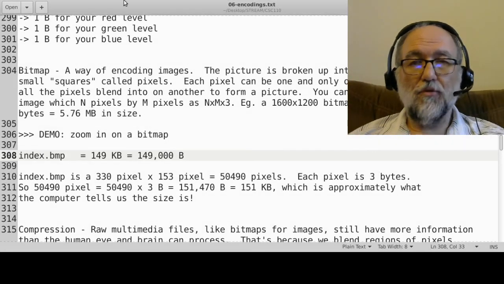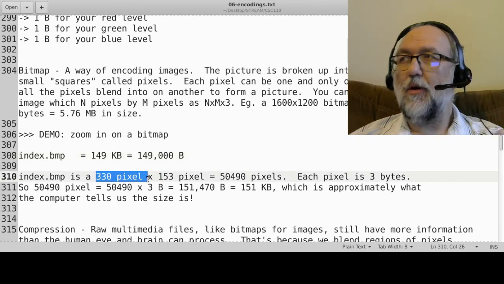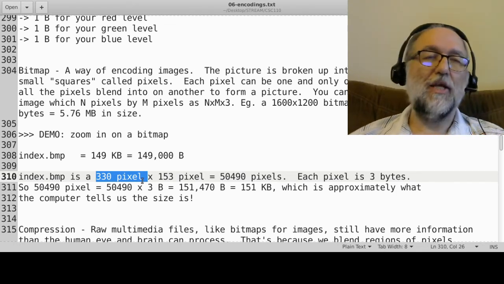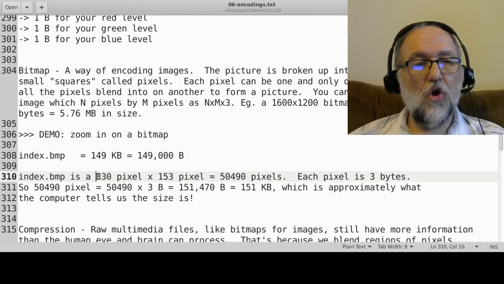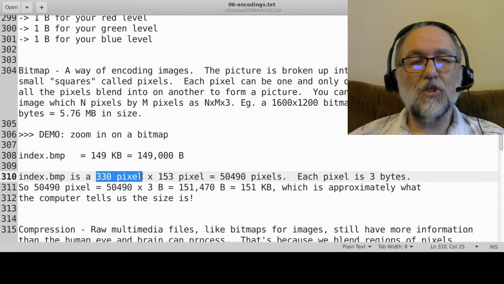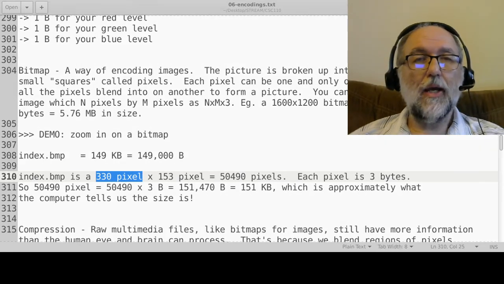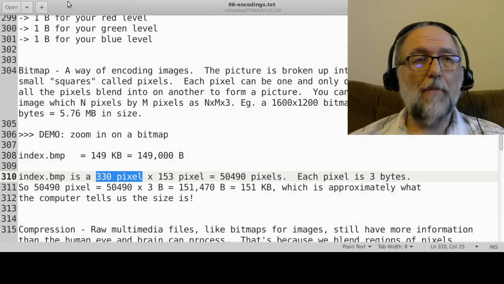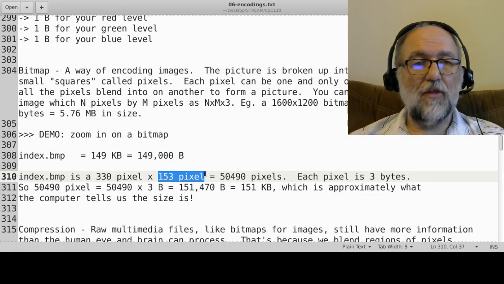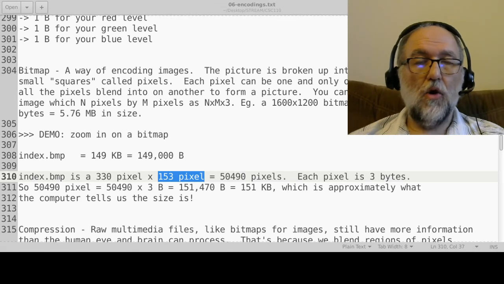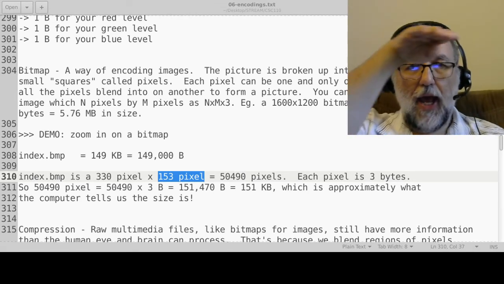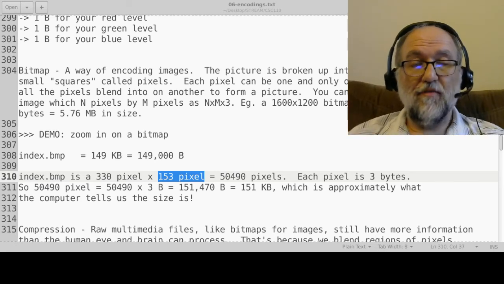GIMP, which stands for GNU Image Manipulation Program, told me that the image was 333 columns by 153 rows.